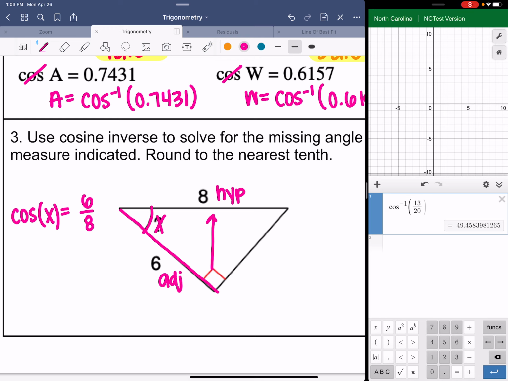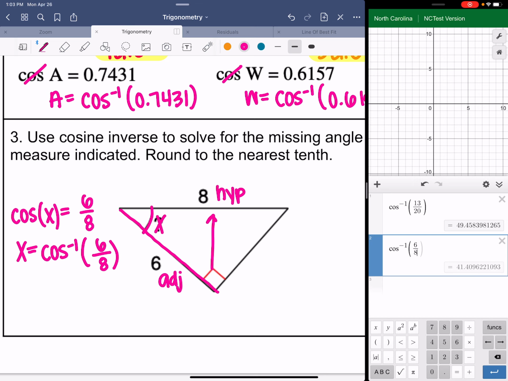We're going to take the inverse cosine and calculate that. So functions cosine inverse 6 over 8 gives us 41.40. So we're going to look at that 0. That does not bump the 4 up any, so that's just going to be 41.4 degrees.